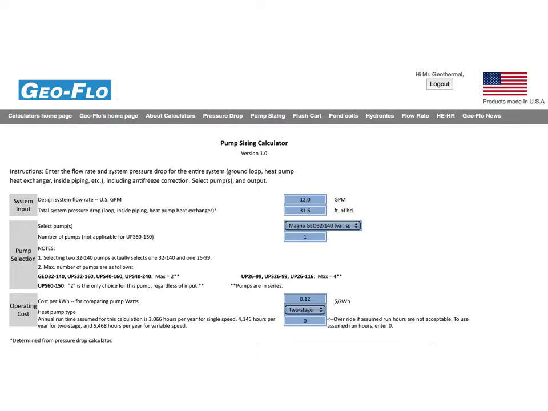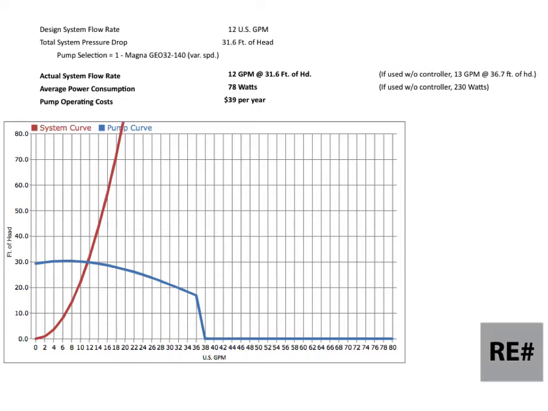All right, so as you can tell, calculating pressure drop and pump sizing is a pretty easy endeavor with the GeoFlo Design Calculators. It also gives you the ability to do what-if scenarios like we did in this example. In this case, we're going to stay with our variable speed pump and our savings of energy.